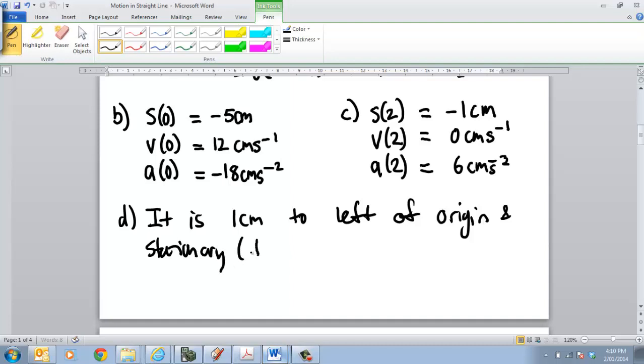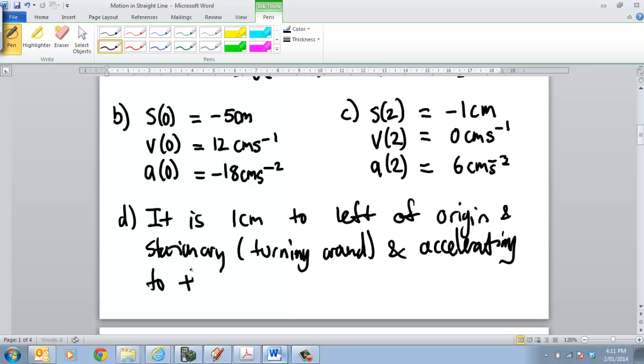So you'd say it's turning around, can't you? Turning around and accelerating. It's accelerating to the right at 6 centimetres per second squared. So that's describing what's going on with that particular particle.